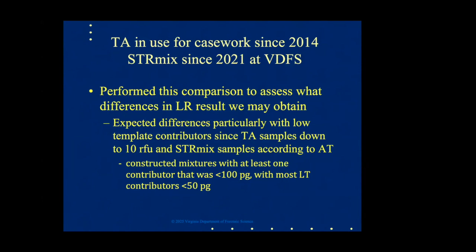So I constructed mixtures specifically to target where I would expect to see substantial differences. Nearly every mixture contained at least one contributor that was less than 100 picograms, and most of those low template contributors were less than 50 picograms, so they were very low template.